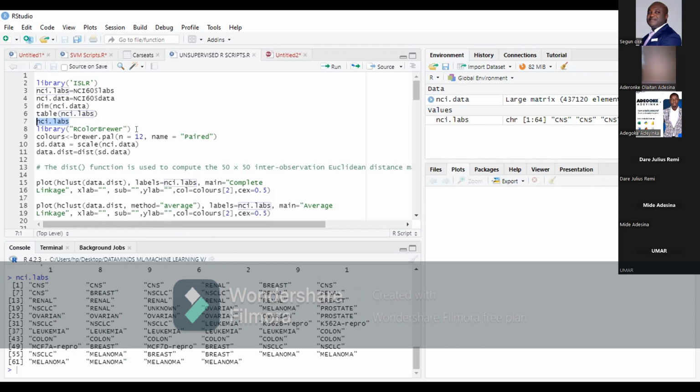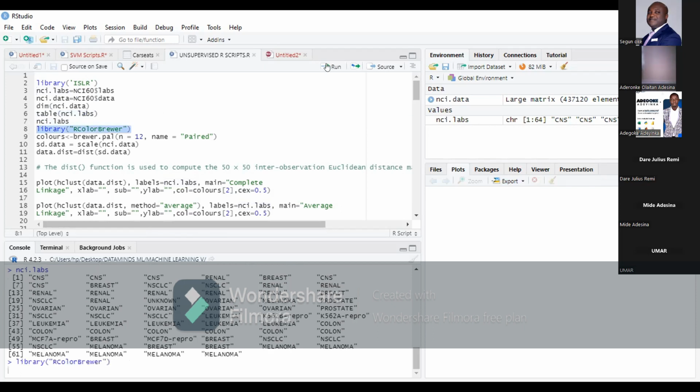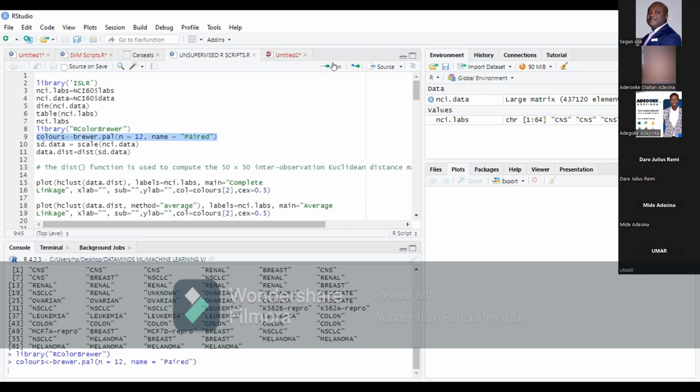All right. Now we also call this color library so that we'll be able to have our plots beautiful in terms of different colors. It can give us a display of colors. We have called in the library. That's lines 8. Then if we do this, you can see different colors.